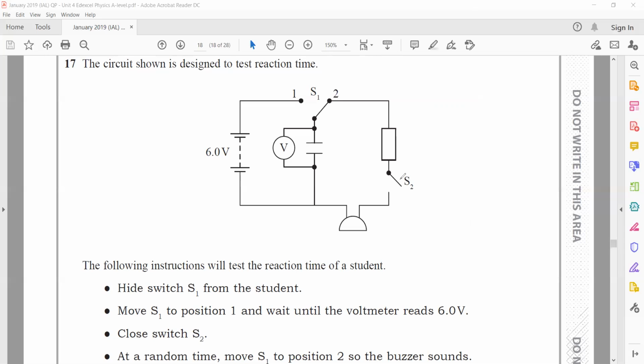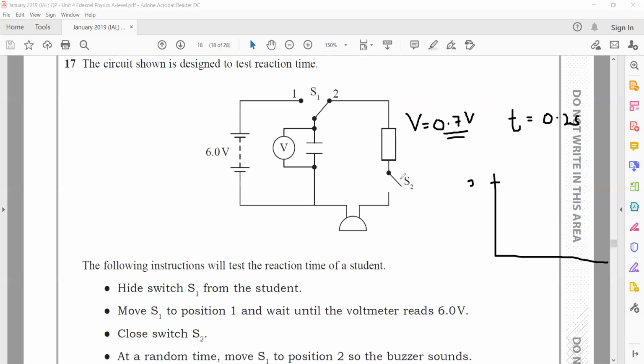And what we can do, because here the reaction time is 0.2 seconds, and when the reaction time is 0.2 second, the voltage was 0.7 volts. So what I want is for it to be the same as the time constant.